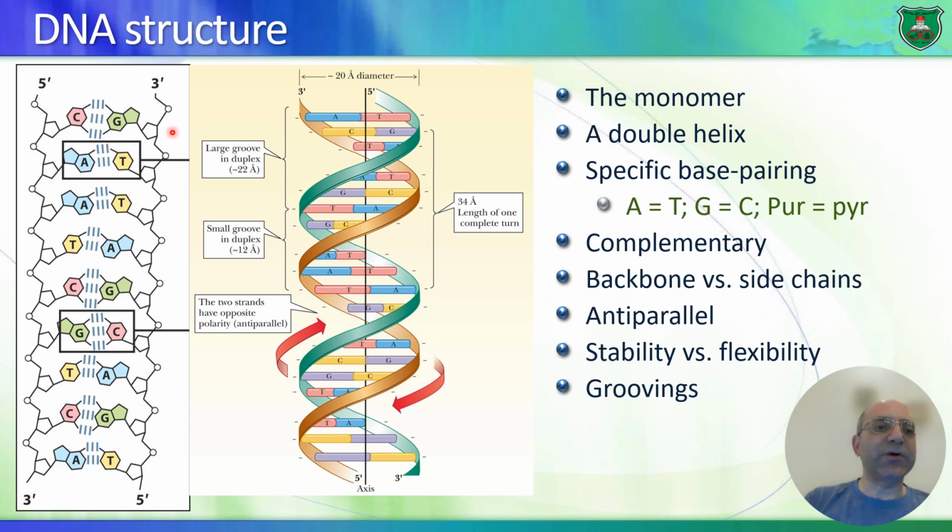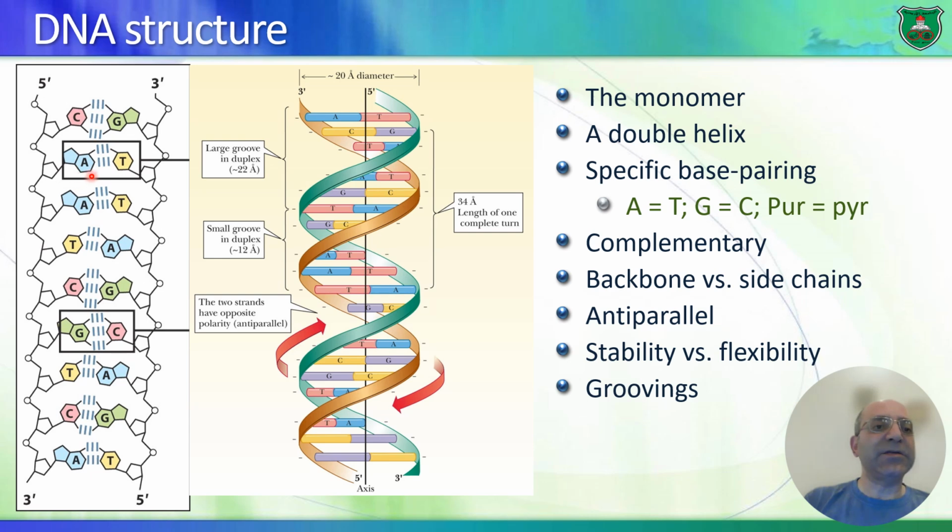So you have these two strands, and they are anti-parallel. But before we talk about the anti-parallel feature of DNA, let's talk about base pairing. You have two strands opposite to each other, and you have this base pairing. C pairs with G and A pairs with T. The pairing between C and G is mediated by three hydrogen bonds.